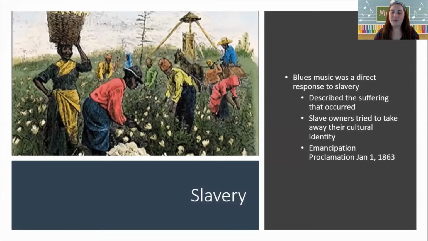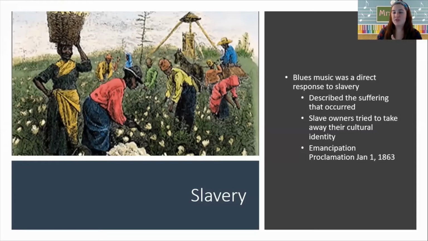So we can't talk about blues without talking about slavery. Blues is a direct response to slavery. It described the suffering that occurred during slavery and in post-slavery conditions. Slave owners would try to take away the cultural identity of these slaves, and they did their best to hang on to what they could, and they did that through music by combining some of the styles from their own cultures.